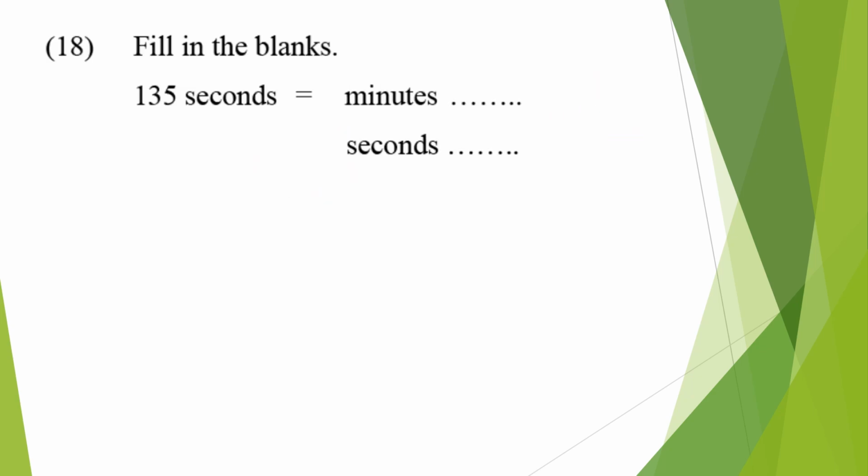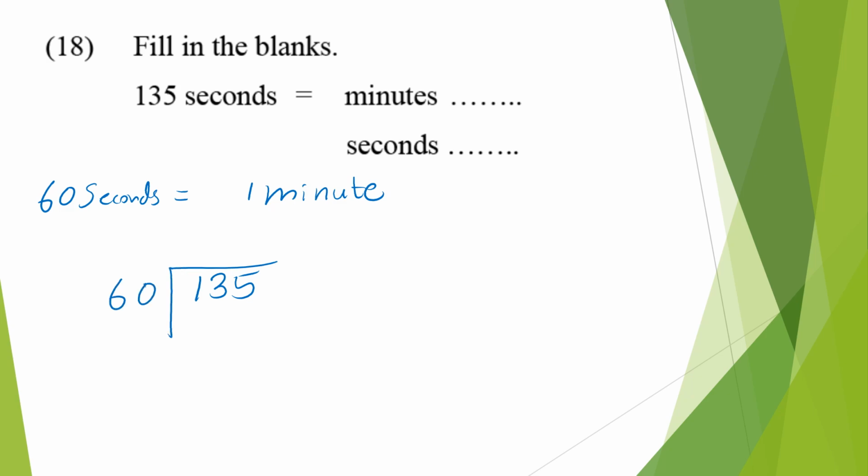Okay, fill in the blanks. 135 seconds: how many minutes and how many seconds? You can do it this way. You know that 60 seconds equal 1 minute. So with this formula, we can find how many 60s are there in 135 seconds.